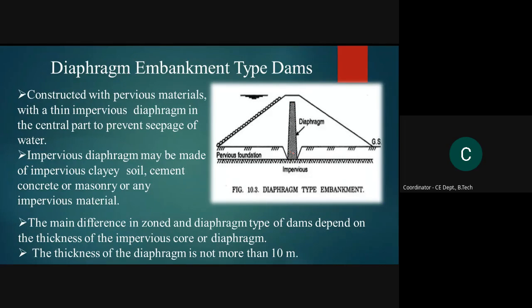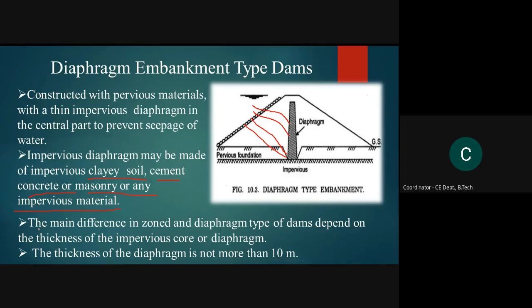This is the diaphragm. It is constructed using an impervious material so that it can obstruct the seepage flow. This impervious diaphragm may be made of impervious clay soil, cement concrete, masonry, or any impervious material.